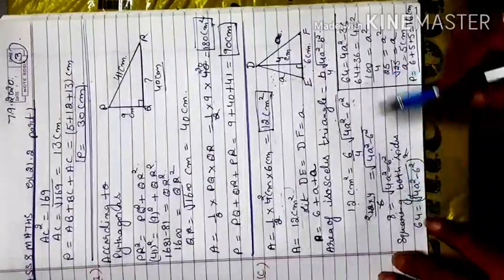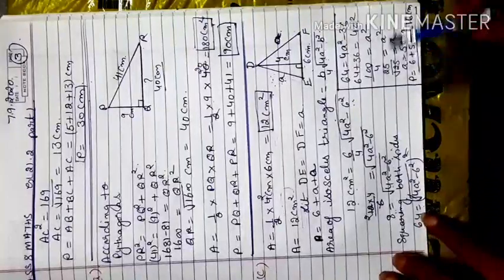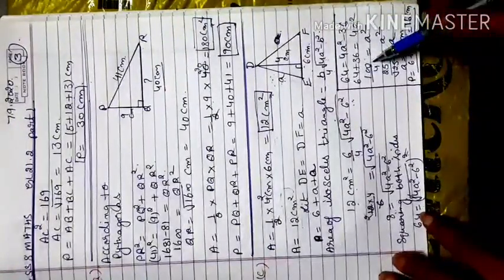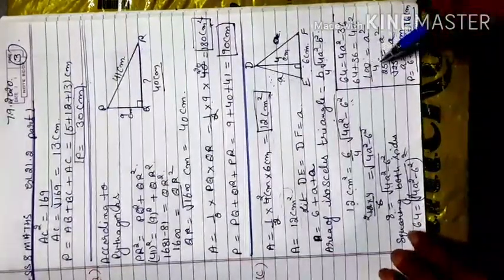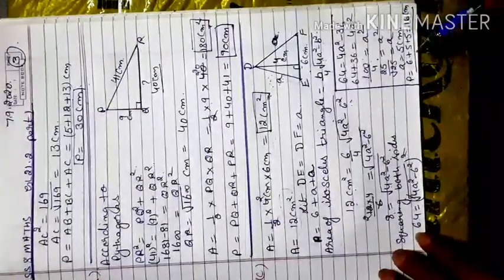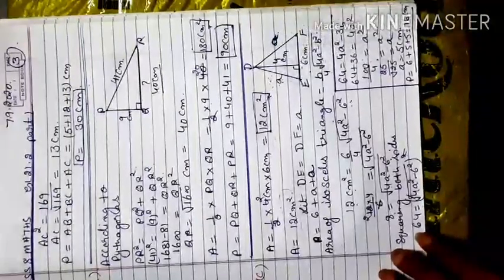Now squaring both sides to remove the square root. 8 square is 64, 6 square is 36. 64 plus 36 gives me 100, and 4 moves to the other side, 100 divided by 4 gives me 25, and when I take the square root of 25 it gives me 5 centimeters. So the side I found is 5 centimeter.